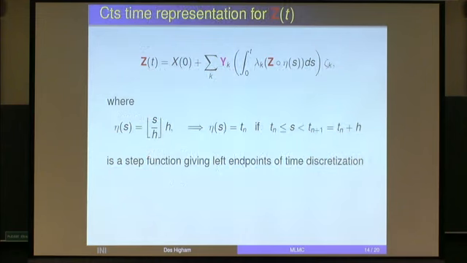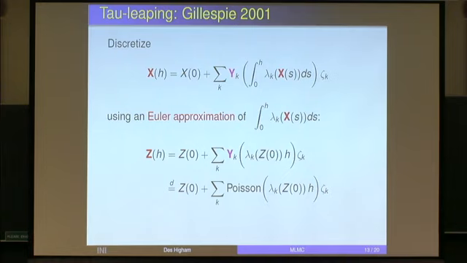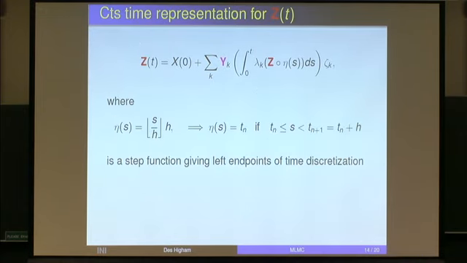In what we're doing, we're going to need a continuous time approximation. So if I go back again, I'm going to take this discrete valued process Z and interpolate it into a continuous time process in the obvious way. So we're introducing here continuous time, but I'm just composing with a step function. Eta just tells me which step I'm in. I think this is the best way to think about it.